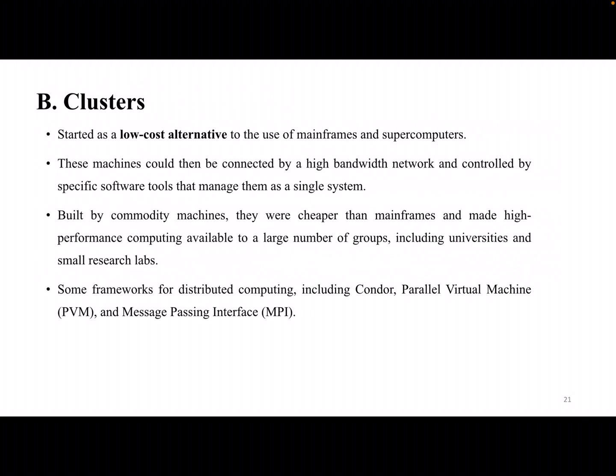The main reason to use cluster computing is that it is a low cost alternative to the mainframe. It has high speed network connectivity, and it is used in scientific research, data analytics, weather forecasting, etc. Now, what is the difference between mainframe computing and cluster computing?